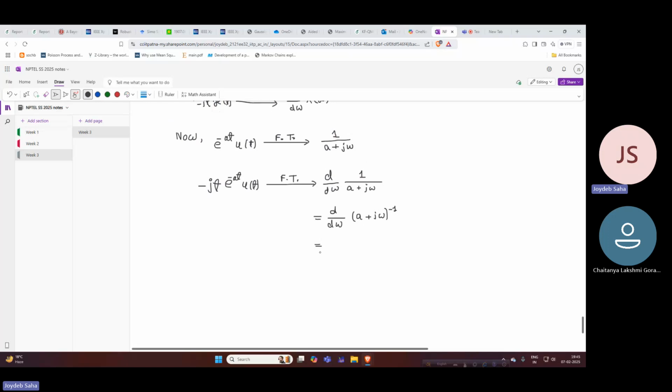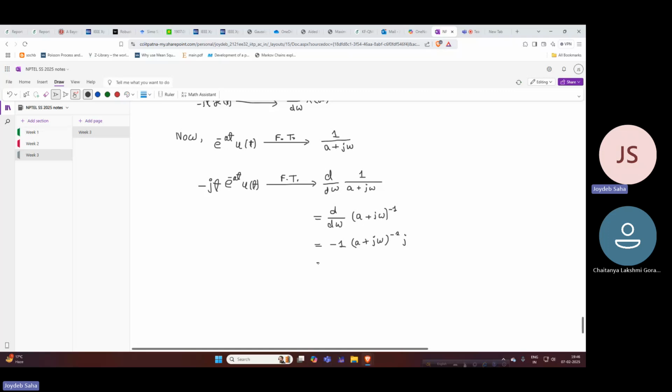So we will get minus 1 into (a plus j omega) to the power minus 2 into j.